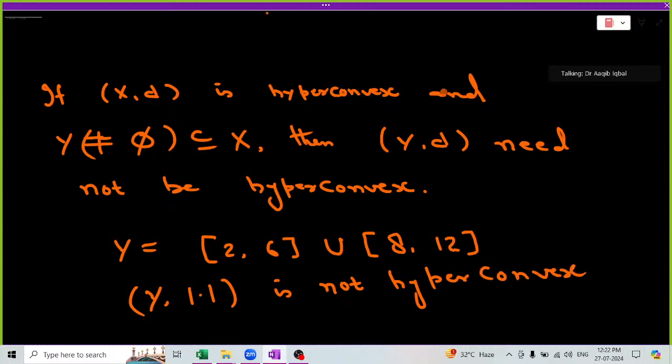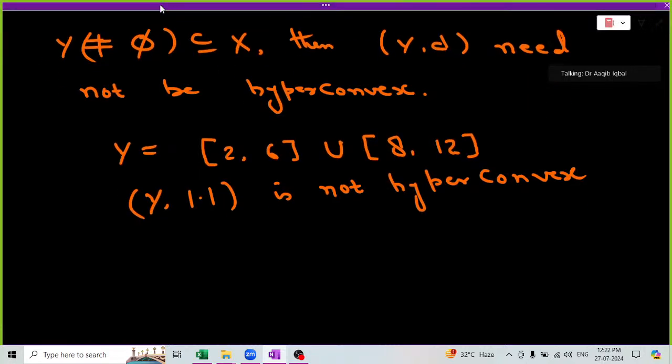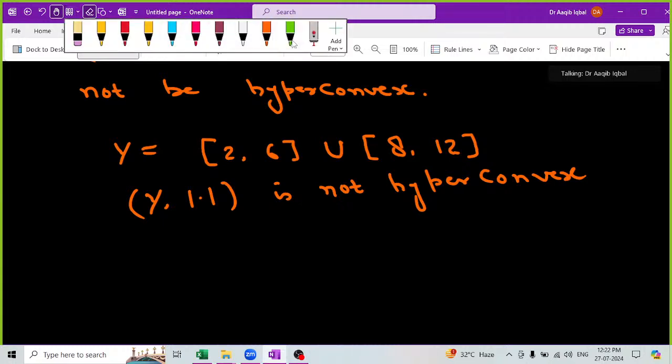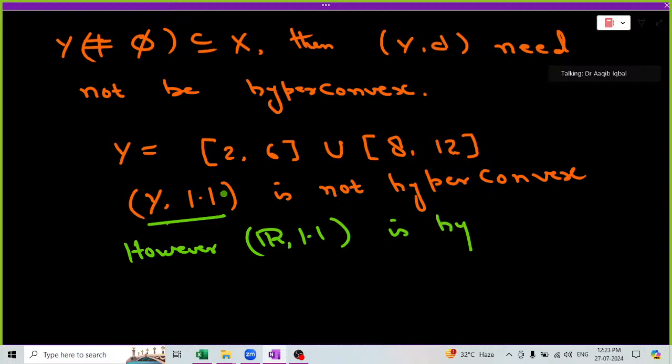Although this Y with usual metric is a subspace of R with usual metric, and R with usual metric, which is the parent space of this, is hyperconvex. So the moral of the story is, not every subspace of a hyperconvex space is a hyperconvex space.